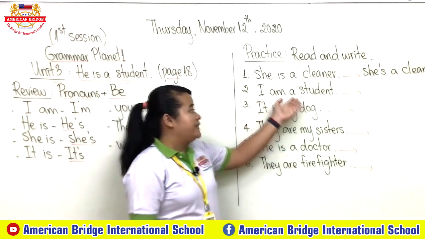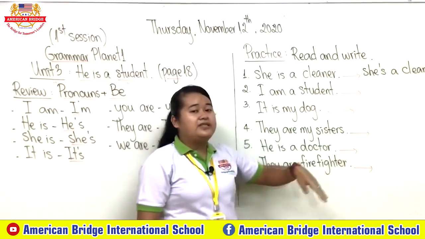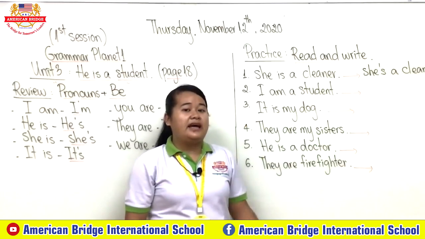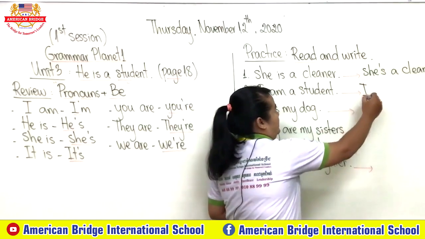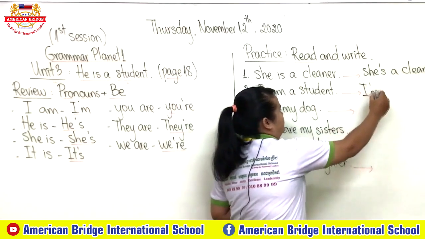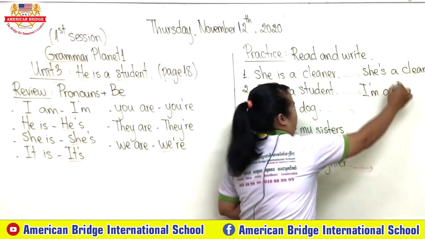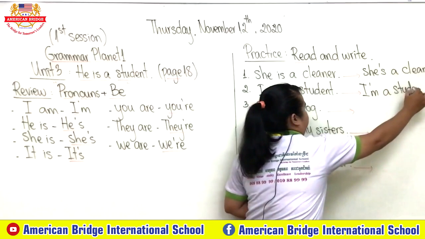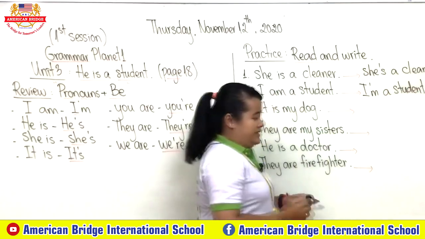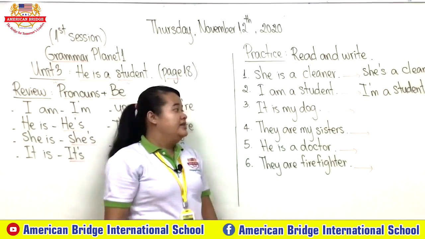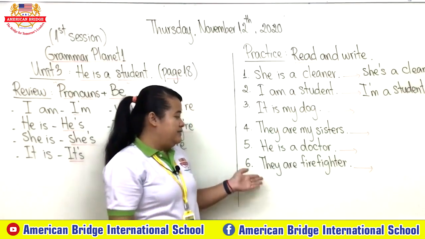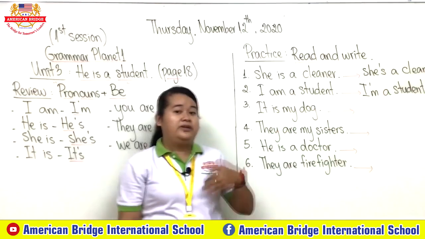We need to write that sentence again in short form, so we write I apostrophe m a student, right? Teacher knows that you can do it like this. From number 3 until number 6, teacher wants you to do it by yourself.